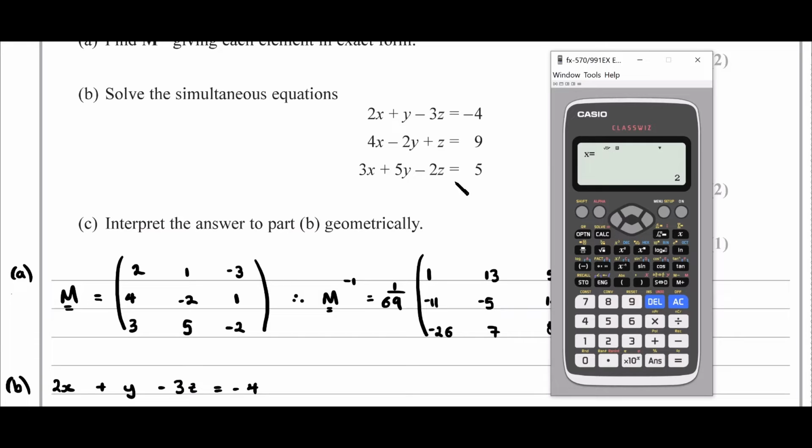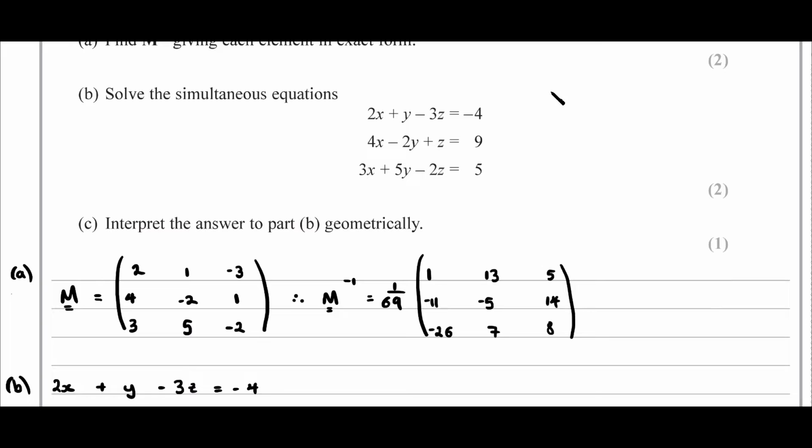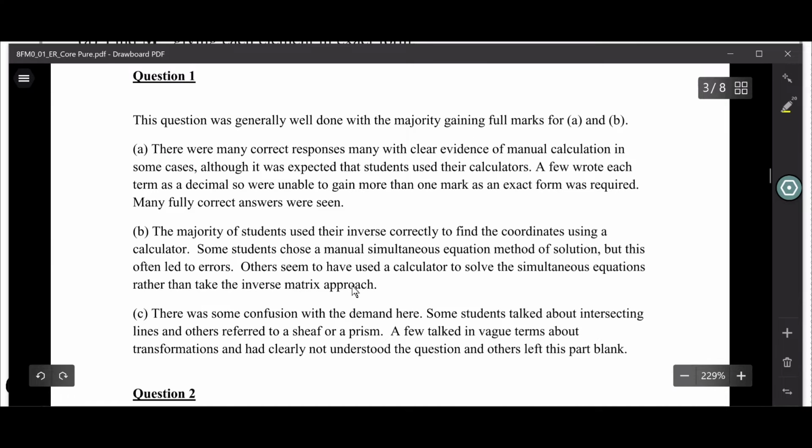We get a solution of x equals 2, y equals 1, and z equals 3. So potentially, we could be using our calculator to solve these simultaneous equations, which is perfectly fine.